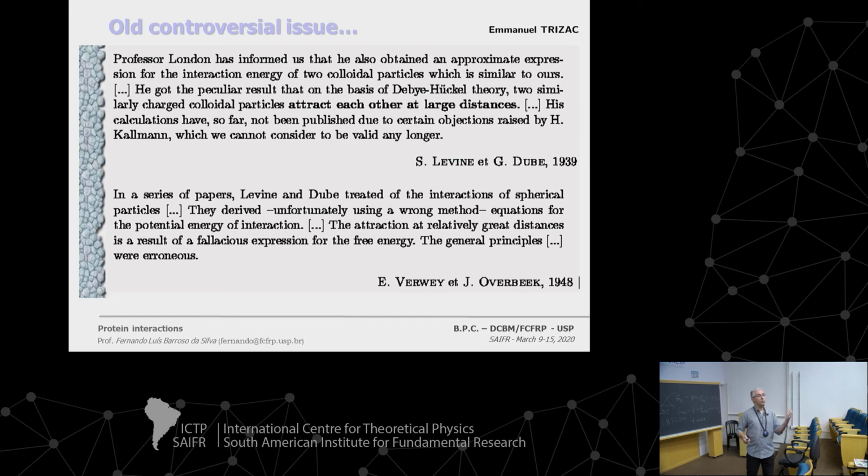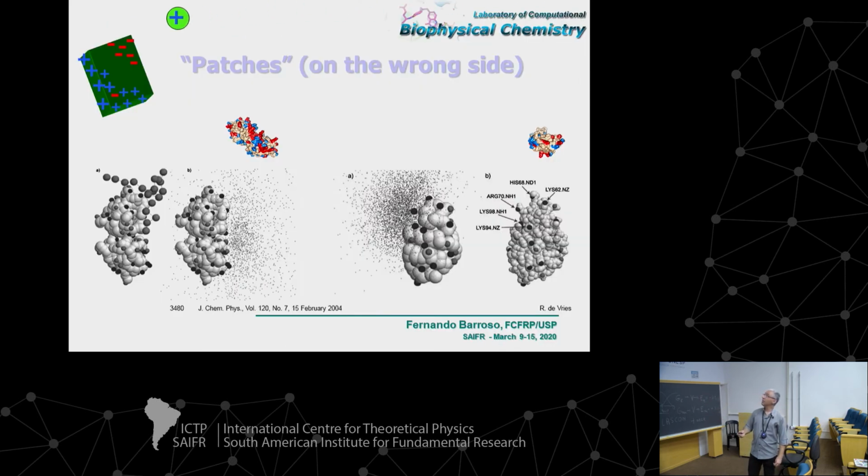And of course, this was true for ion-ion correlation effects, and especially for these new, let's call them new observations, it was also true. At the very beginning, what people were trying to use as an argument was the so-called patch theory. To simplify things, just imagine that I have an object whose net charge is plus. It's going to attract another object that has a net charge of plus.